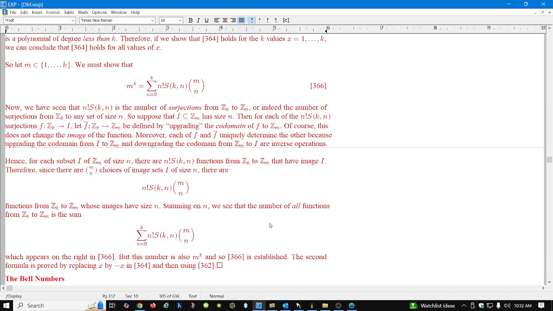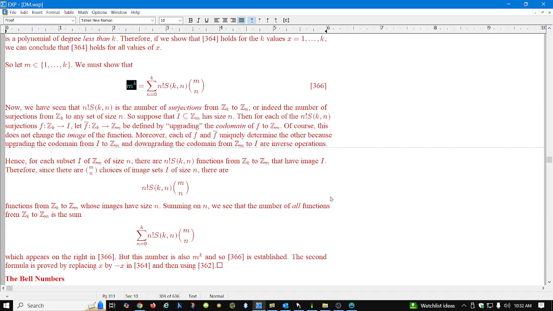We now have the number of all functions from Zk to Zm broken down first by the size of their image and then by the actual image itself. But the number of functions from Zk to Zm, no restrictions, is m to the k. So that's right here.